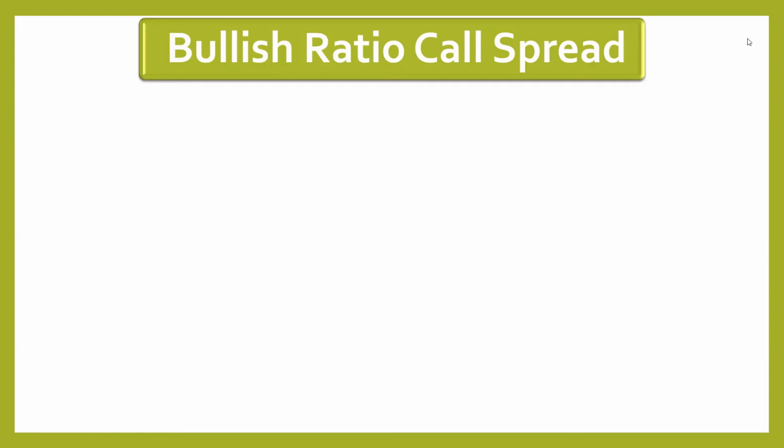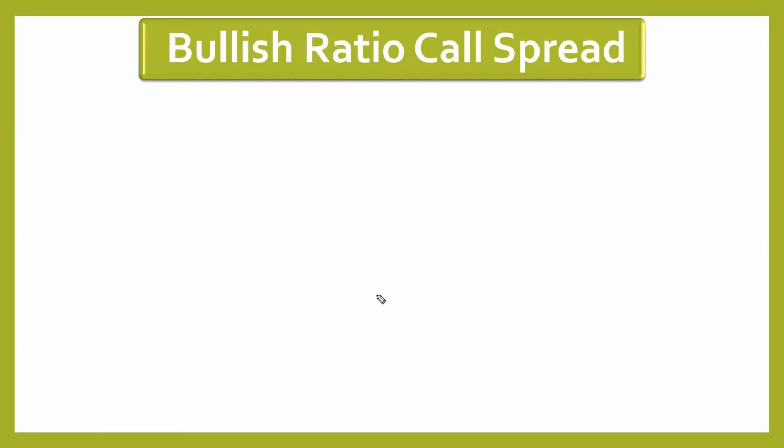That is what we call a ratio spread. 1:2 means one buy and two sell. 2:3 means two buy and three sell. When you apply this buy and sell together on calls, that is called a ratio call spread. If you apply this ratio spread on puts, that is called a ratio put spread.